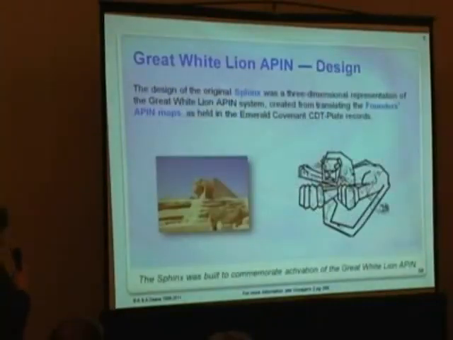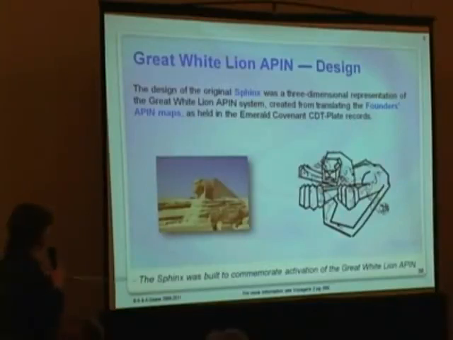The design of the original Sphinx, there were two Sphinx, was a three-dimensional representation of the Great White Lion Apin system, created from translating the Founders' Apin maps as held in the Emerald Covenant CDT plate records. So the Sphinx was actually built to commemorate the activation of the Great White Lion.